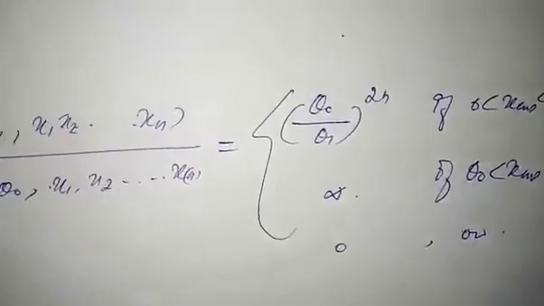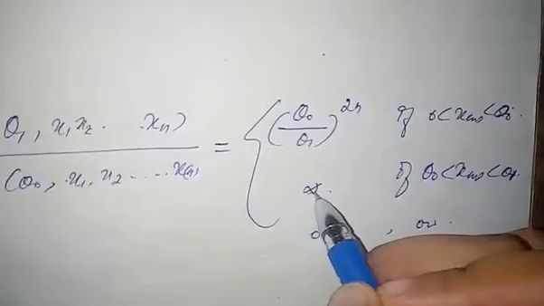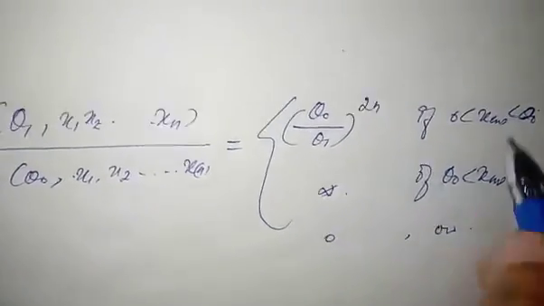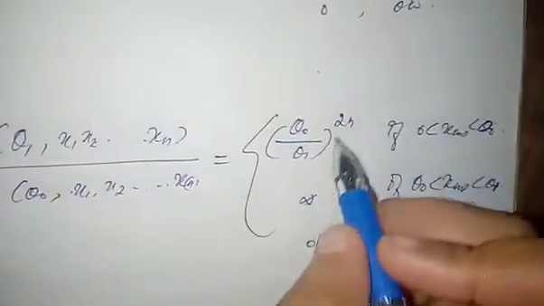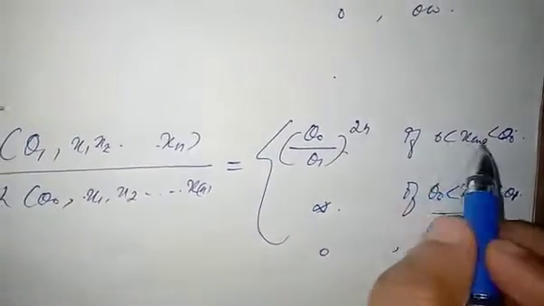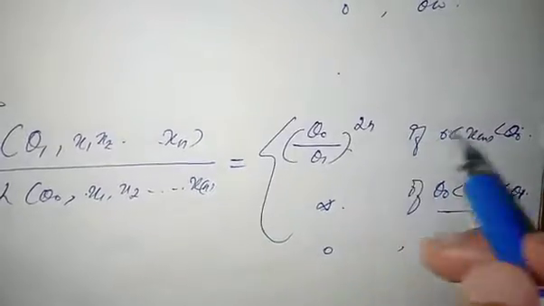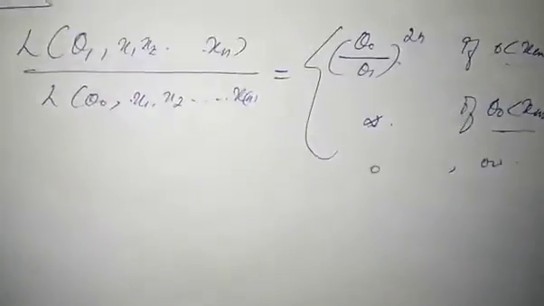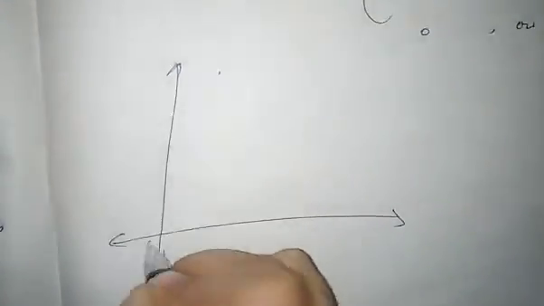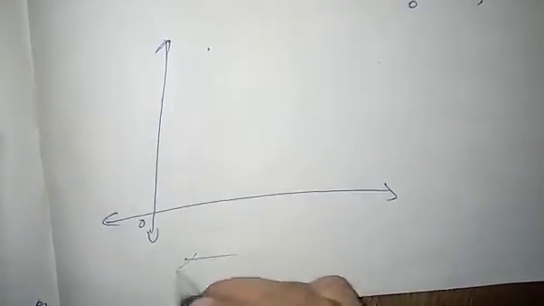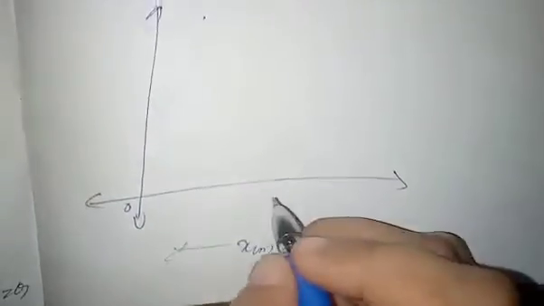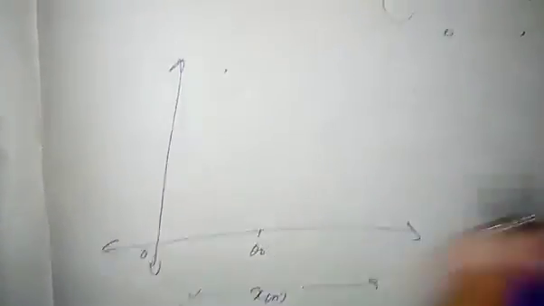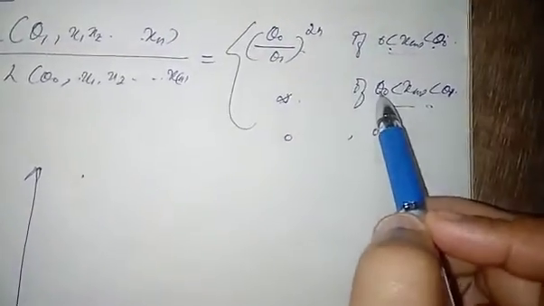We know that we reject h naught for a large ratio, so infinite is a large value. So this is part of the rejection region. Then we have to find out for which values in this range we will reject h naught. For that we have to draw a graph, similar to the uniform 0 to theta distribution problem. Here is xn, with the ranges 0 to theta naught, and theta naught to theta 1.